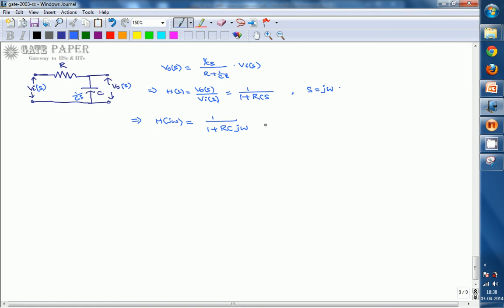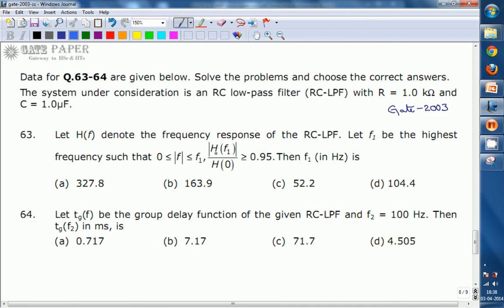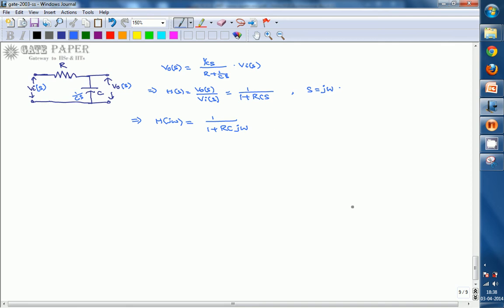Now, the transfer function is given in terms of f, so we convert it: omega equals 2 pi f, then H of f equals 1 by 1 plus j 2 pi f RC.